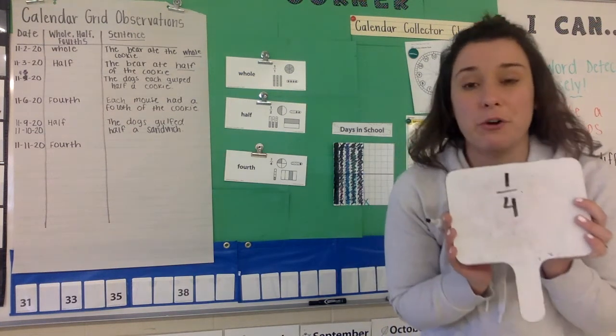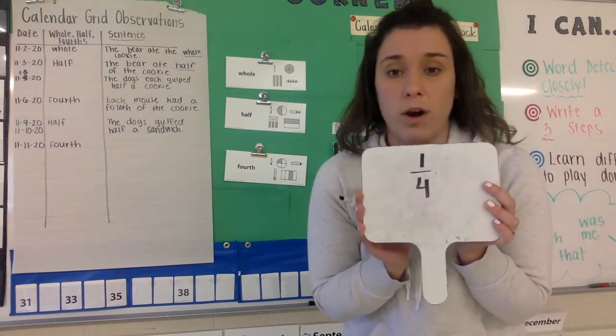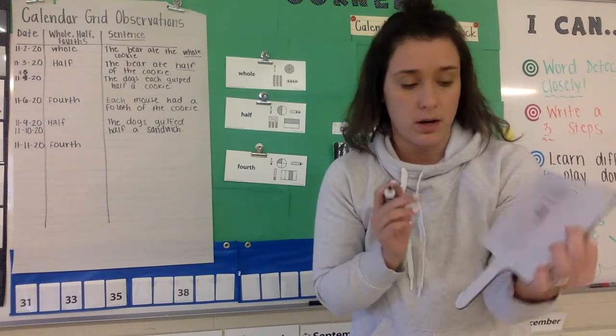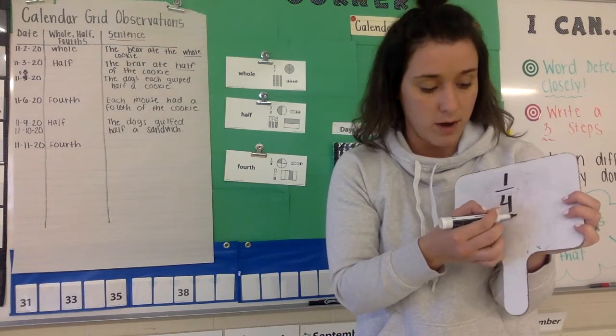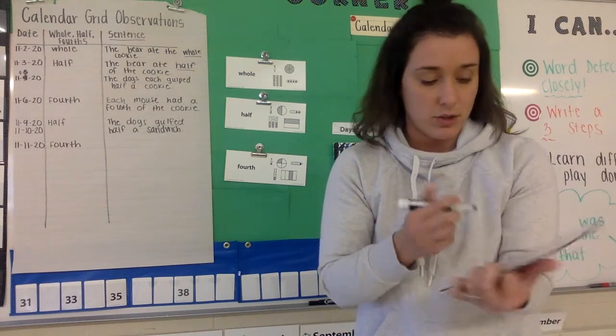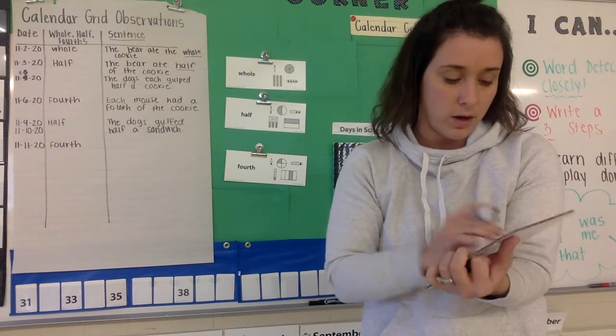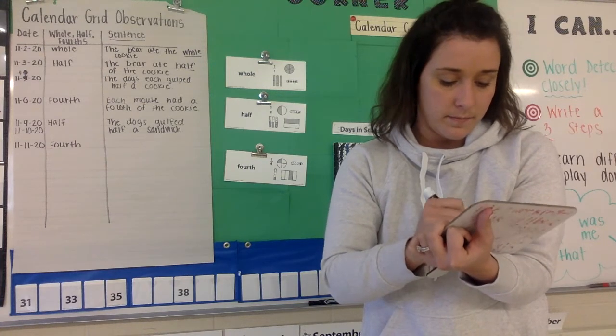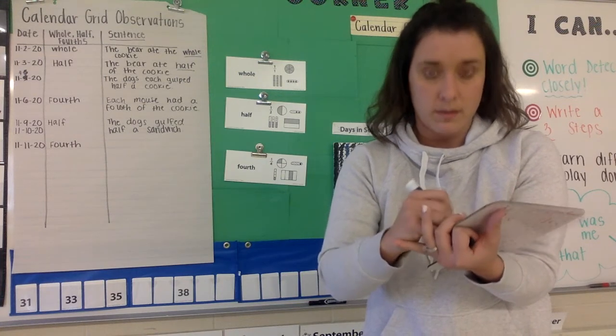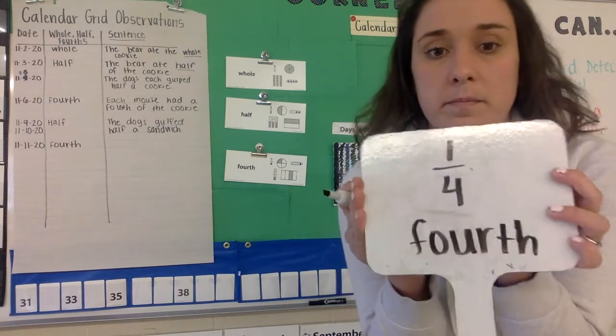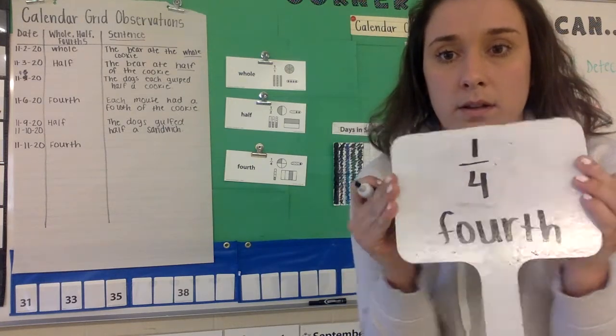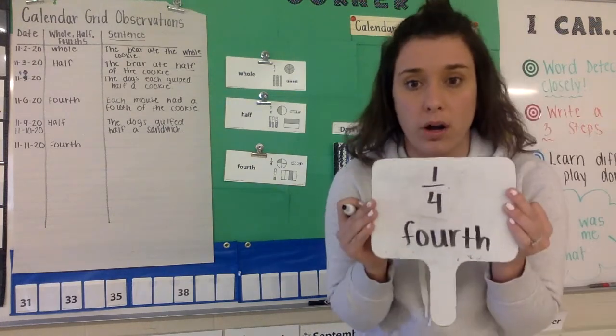Or sometimes we call it a quarter. So 1/4 or a quarter. You would have 4, you're right. So I want you to write the word fourth. So a fourth or a quarter.